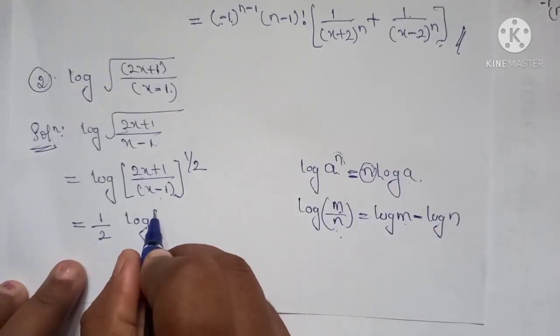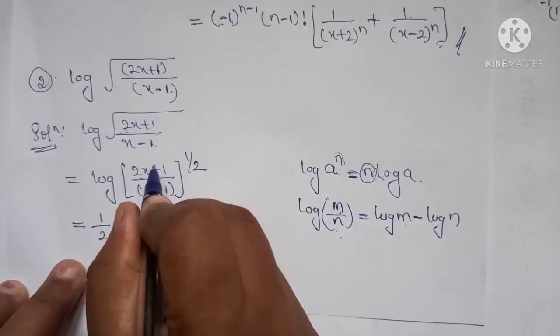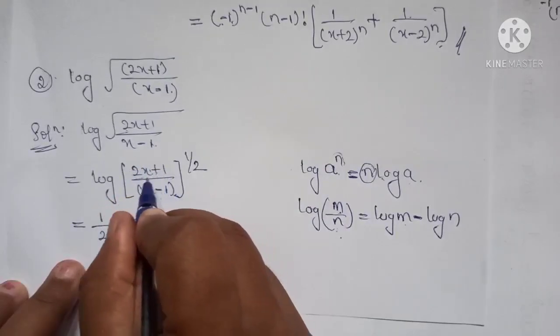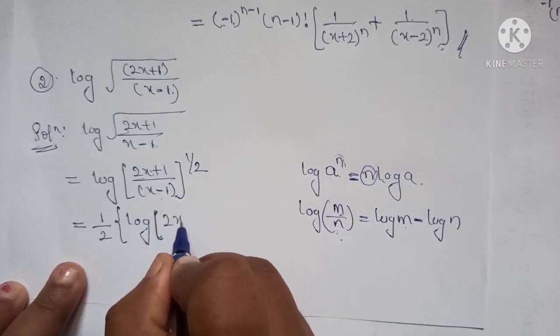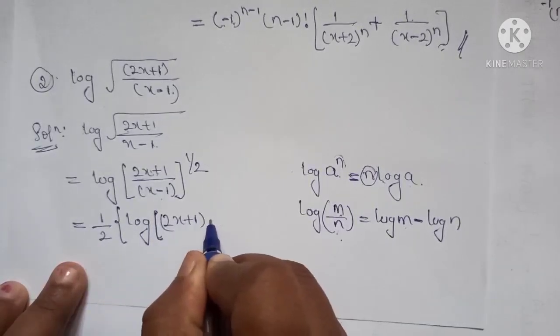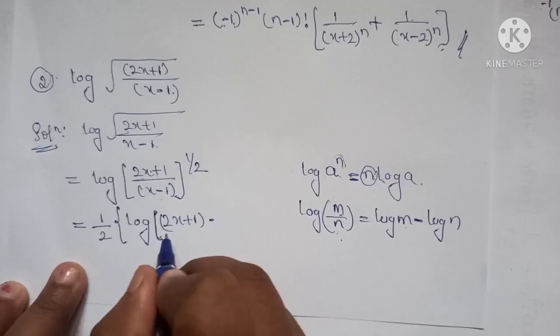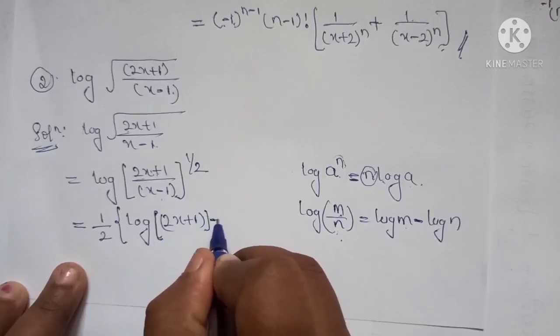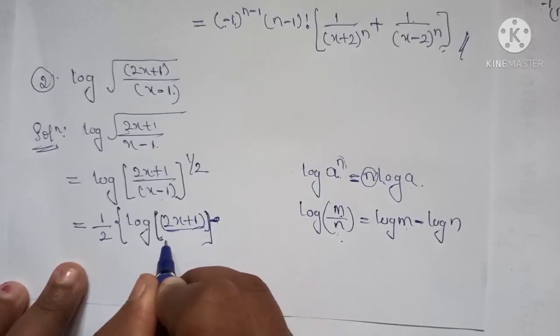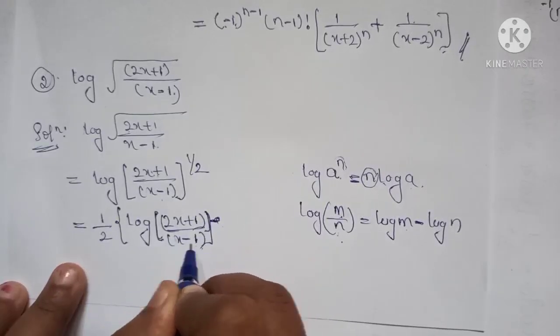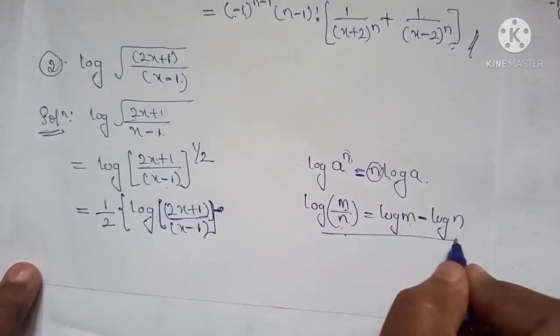So here it can be written as, treat this as m and this one as n, then it can be written as log of 2x plus 1 minus log of x minus 1. Now we apply the formula log of m by n.